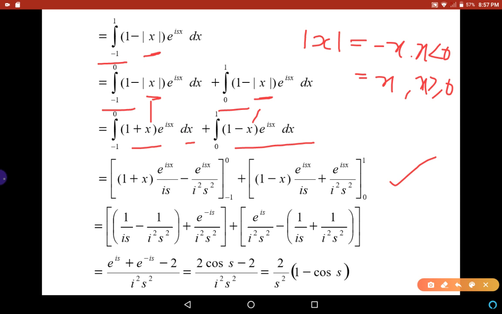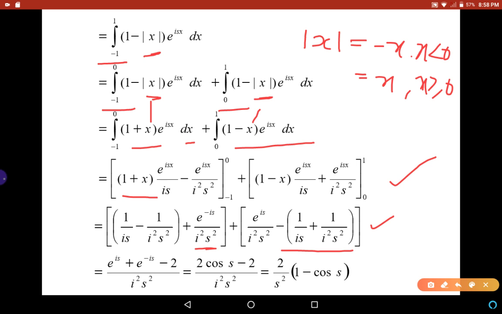Now, let us substitute the limits. In the first term, upper limit is 0, so we get 1/(is) minus 1/(i²s²) minus lower limit x is -1, so this term becomes 0 and this term becomes e^(-is)/(i²s²). Similarly, if we substitute the limits in the second integral, we get this term.